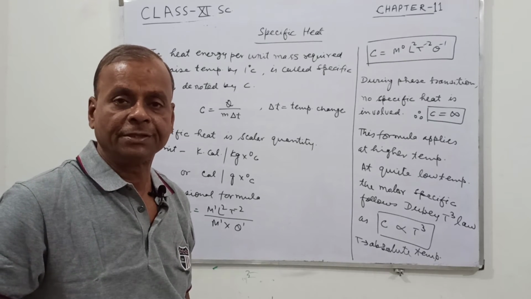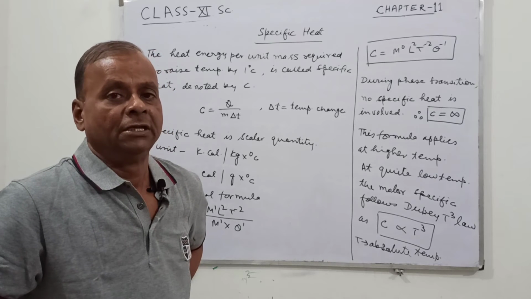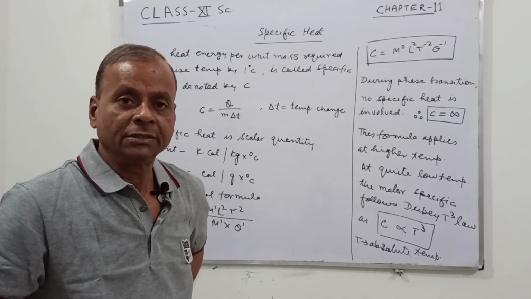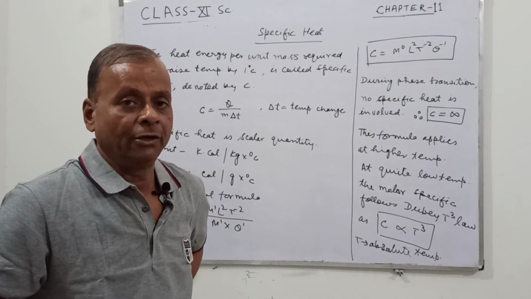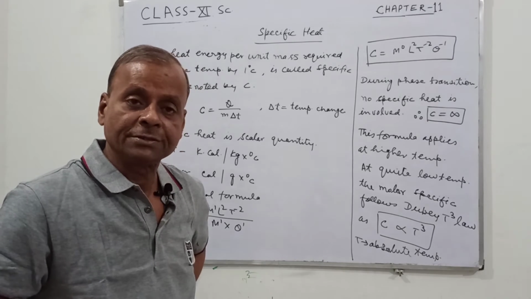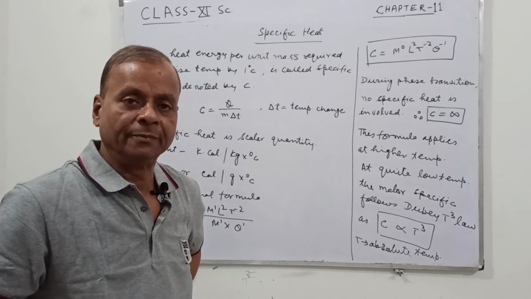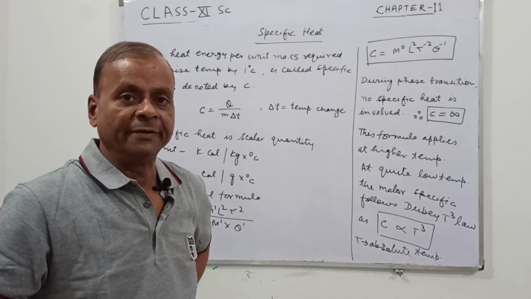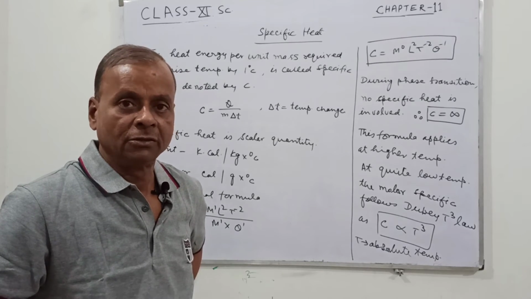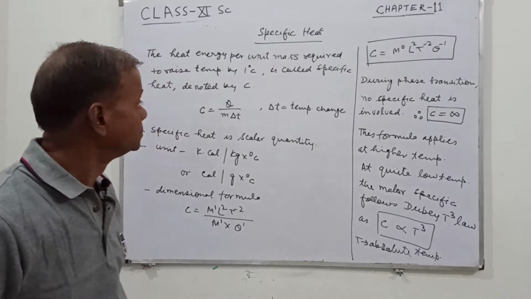The higher the specific heat, the higher is the absorption and emission of heat energy, and the lower the specific heat, the body will take more time to heat up or to cool down.